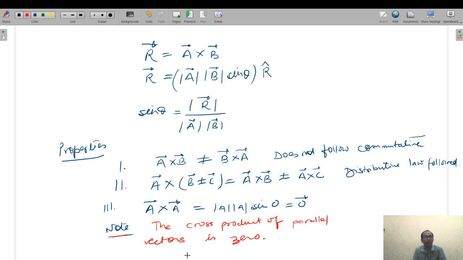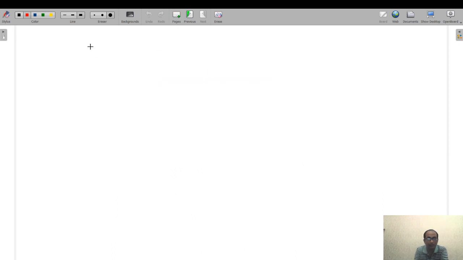So if you sometimes have to prove whether two vectors are parallel or not, you can prove them to be parallel by showing that the cross product of those two vectors is 0. So it will help you from the third point itself.